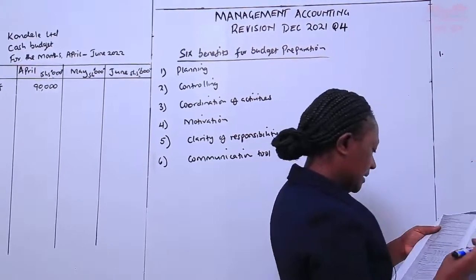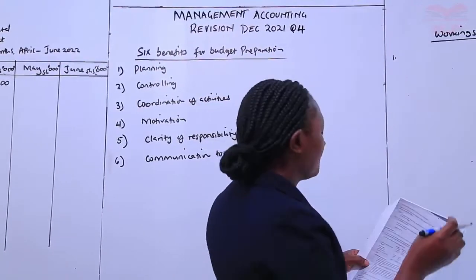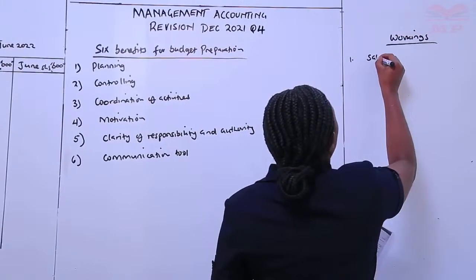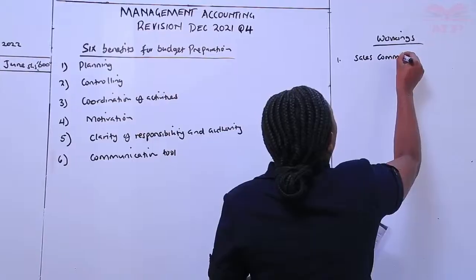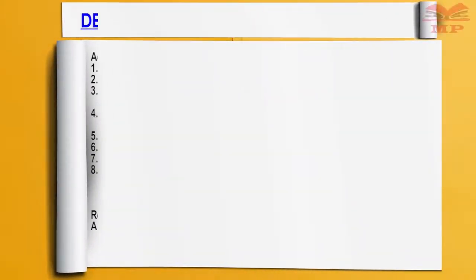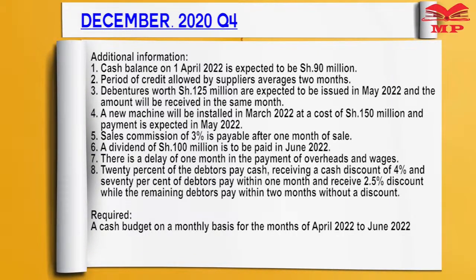Our number 1 working is note number 5, sales commission. We are told that sales commission of 3% is payable after 1 month.